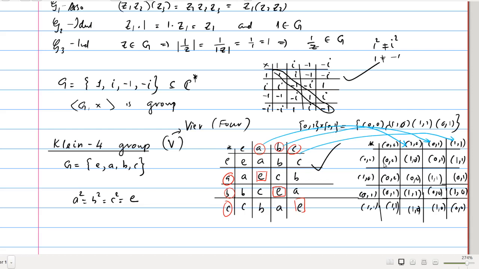If you consider this one, you can easily see the diagonal entries are the same. Not only the diagonal entries, all the entries are the same with this correspondence. But if you take any correspondence from this to this, you cannot expect such a property. So these two structures are non-isomorphic, but these two structures are isomorphic. So we call these Klein four groups, but this is not a Klein four group.